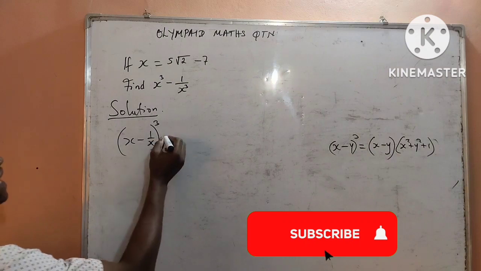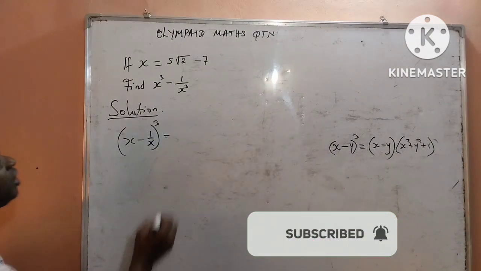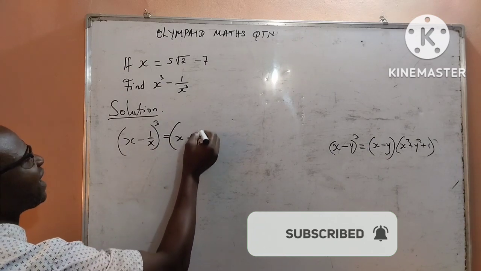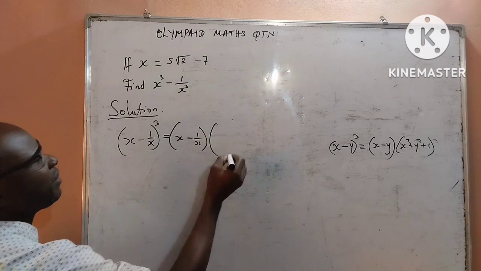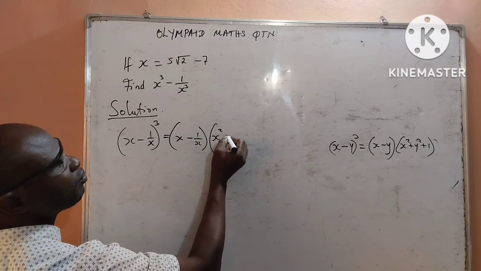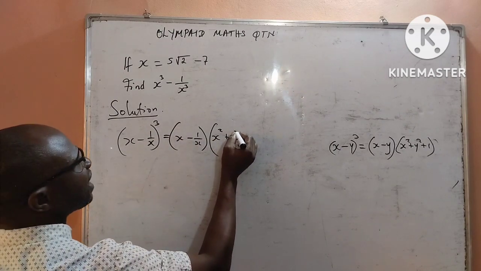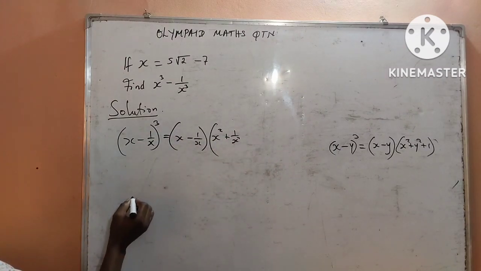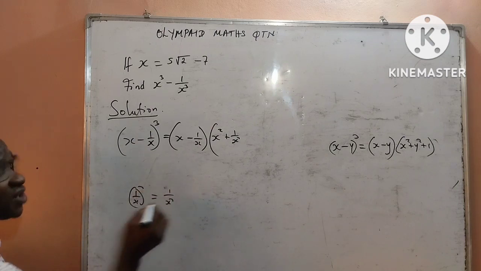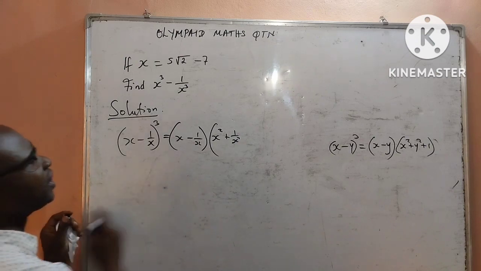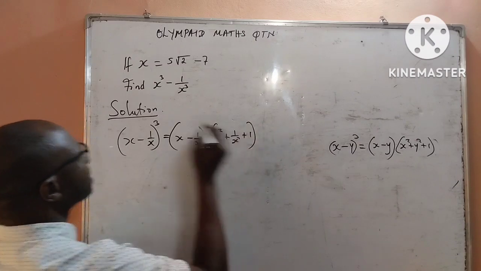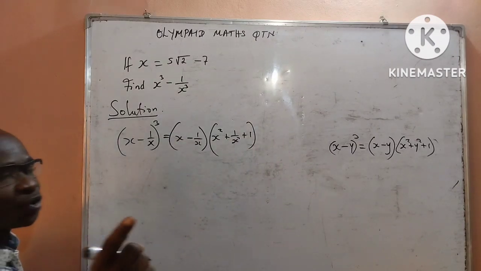Therefore, applying it, I shall write that my x minus 1 all over x shall multiply x squared plus 1 over x squared, that is because 1 over x squared is the same as 1 all over x squared. Beautiful. Then we shall now have plus 1. This is the result of difference of two cubes.